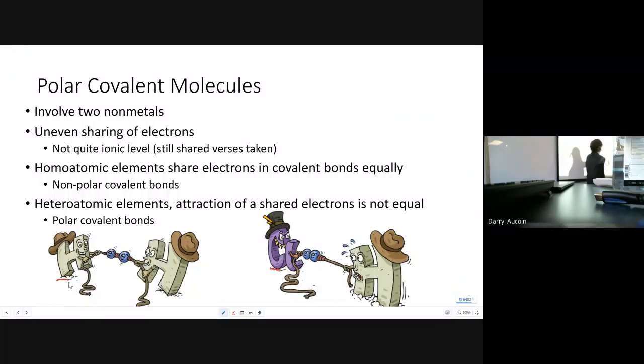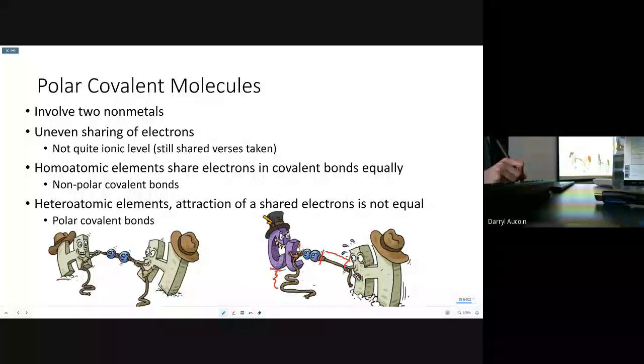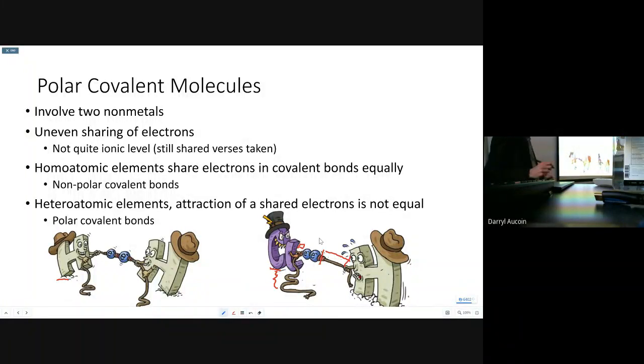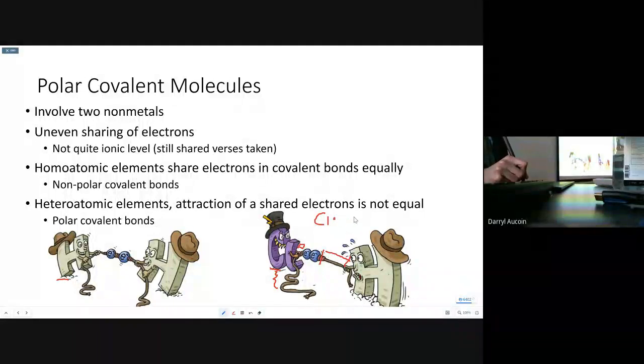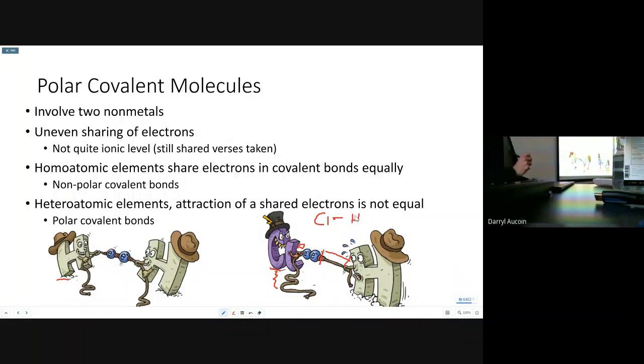But chlorine is a little bit stronger on pulling on those electrons. And we can see that it's pulled a lot more of the electron closer. And the distance over here is much larger than the distance over here. So chlorine, if we're looking at the electrons, had one dot. Hydrogen had one dot. But hydrogen's dot is spending a little bit more time over with the chlorine than it is with itself.